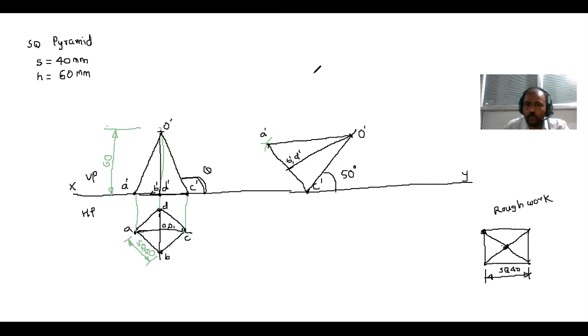Now to draw the top view, let us take the projections. Projections are the light lines. So from A dash point, I draw the vertical light line. From B dash D dash, again I draw another vertical light line. From C dash, again a light line. From O dash, there is a light line.